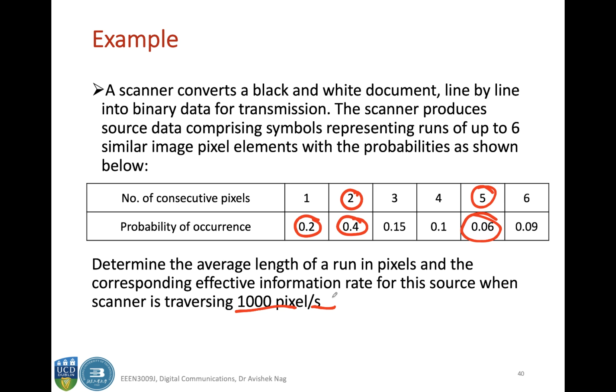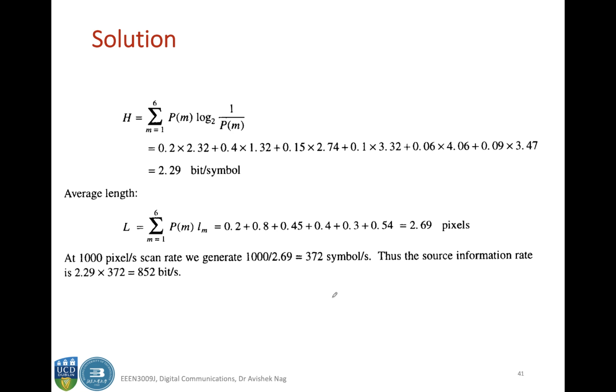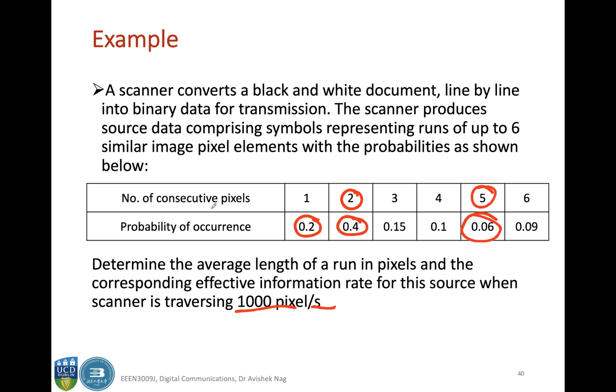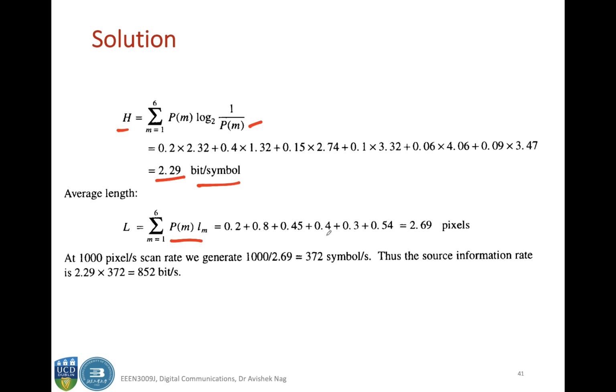So you have all these probabilities that are given, and from that you can calculate the entropy, which is equal to 2.29 bits per symbol, and the average length can be calculated by this formula. So your LM is given, that was 1, 2, 3, 4, 5, and 6 with their respective probabilities.